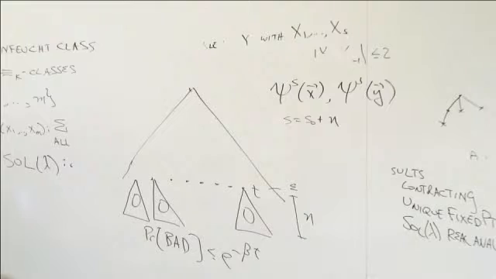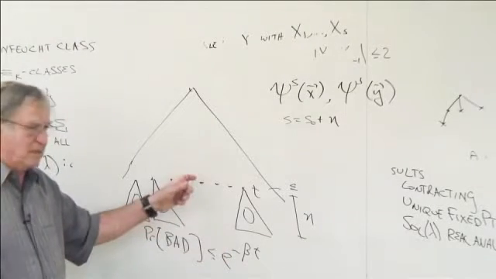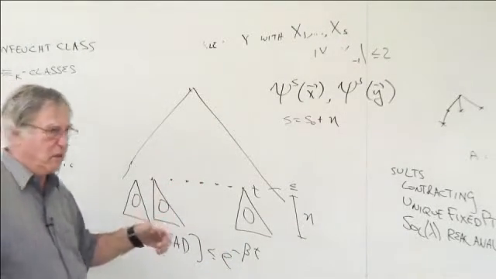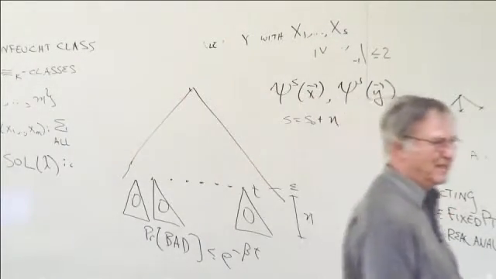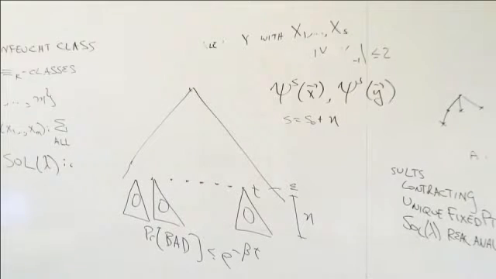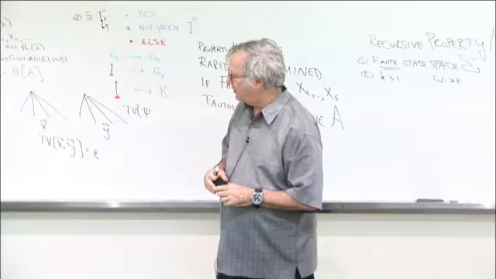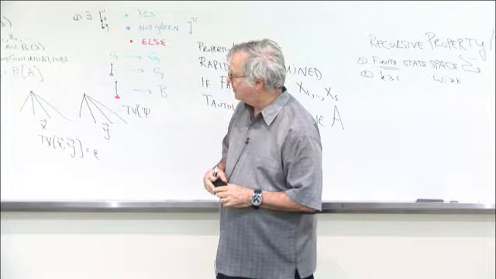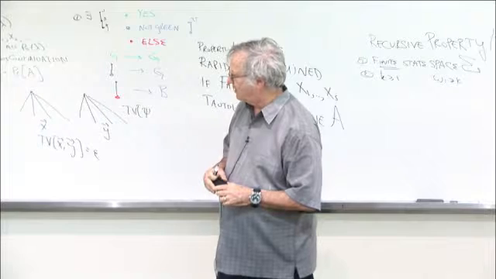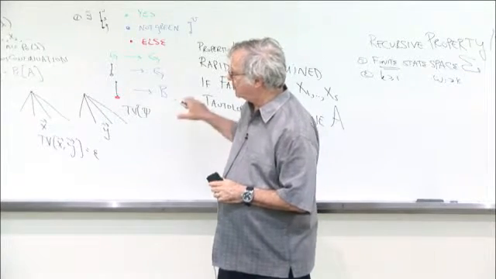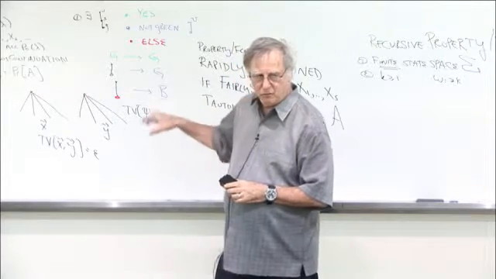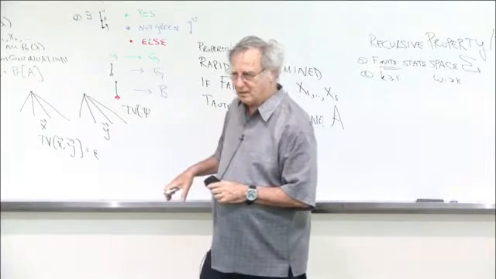So when t is big, the e to the minus beta t is going to cancel the t. So when t is very large, again, it's just contracted. So this is an outline of the most complex part of the argument that shows that indeed it is contracting. And you don't need the contracting to show the unique fixed point, but you do need it to show that the function is real analytic.